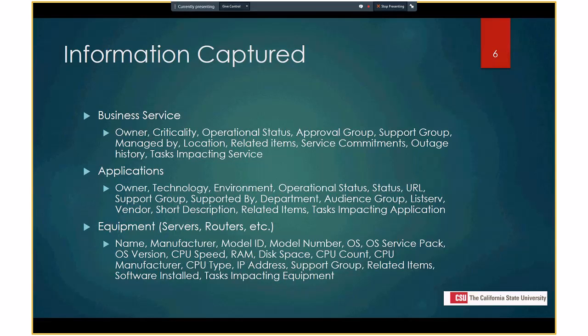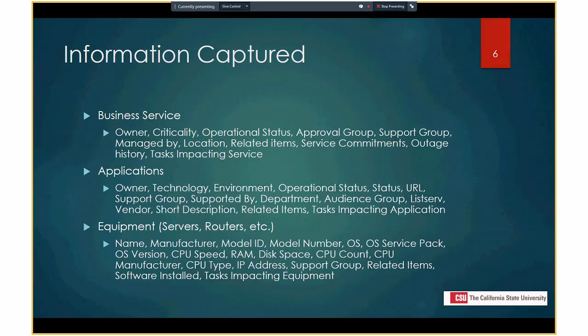The vendor, if it is a third-party type application, who the vendor is, a little short description of the application. Again, related items, what servers or routers or other equipment support that application. And again, any change tasks that may be impacting that application.